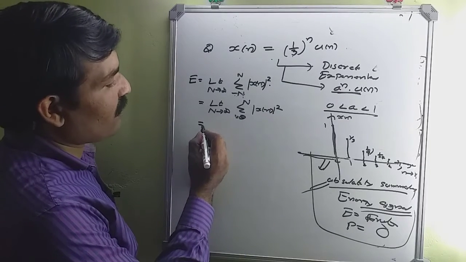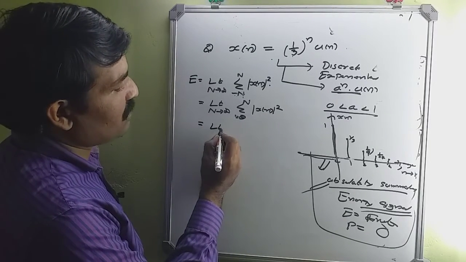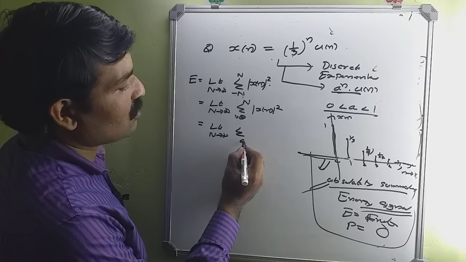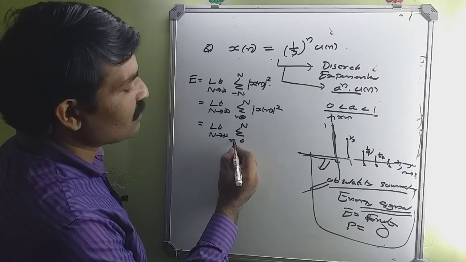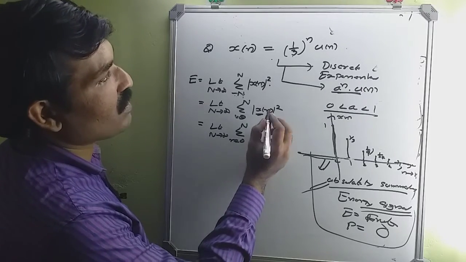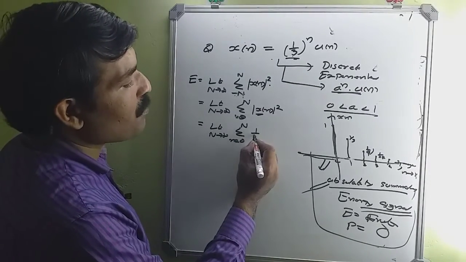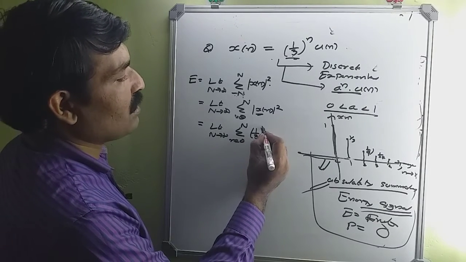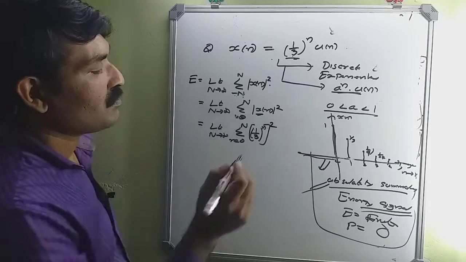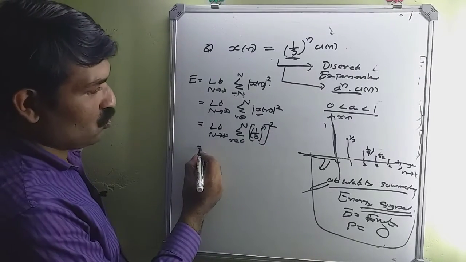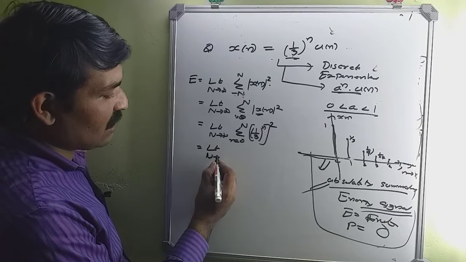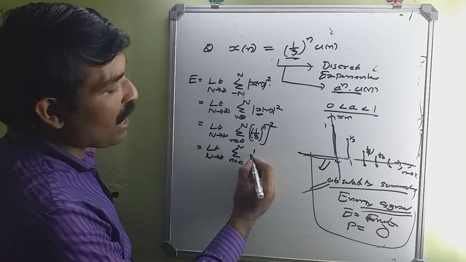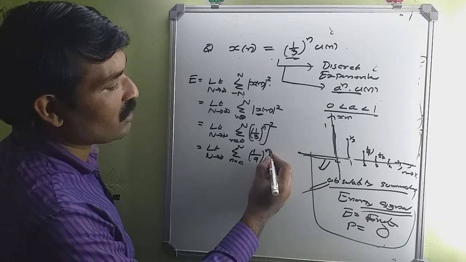What is x of n? x of n is 1 by 3, modulus of 1 by 3 raised to n square. So that is equal to limit n tends to infinity summation of small n from 0 to n of 1 by 9 whole raised to n.